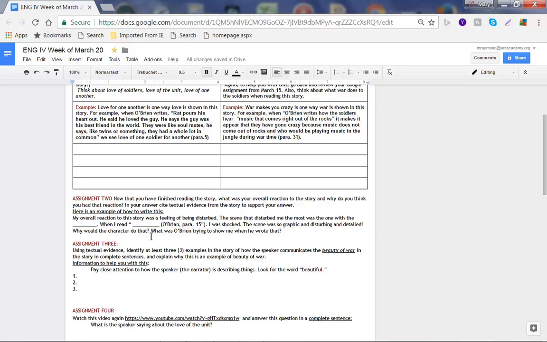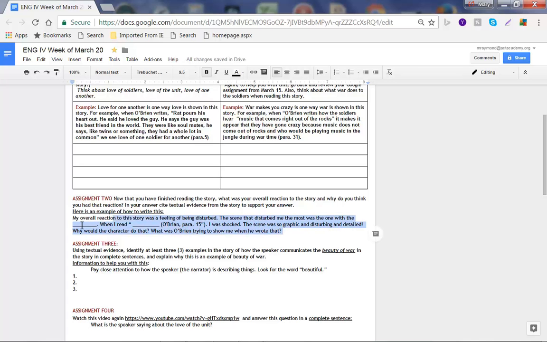Why would the character do that? What was O'Brien trying to show me when he wrote that? So this shows you one, my overall reaction, two, an example and textual evidence, and three, why it disturbed me, because it was so graphic and detailed.